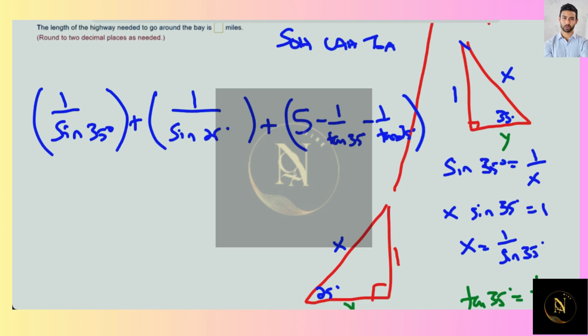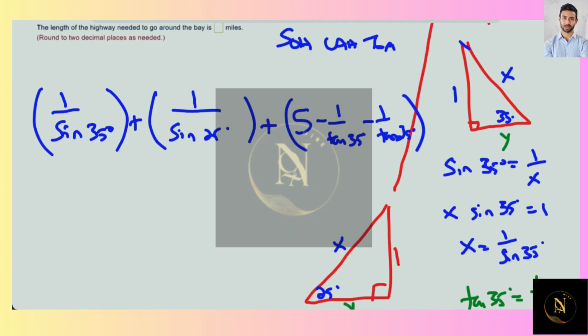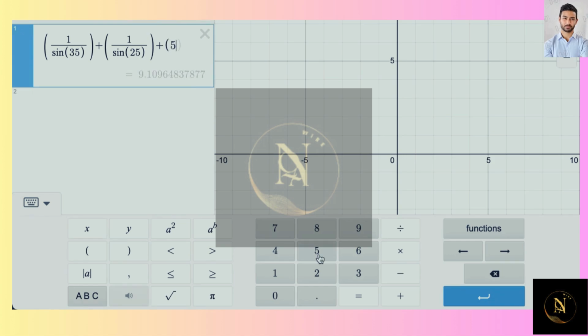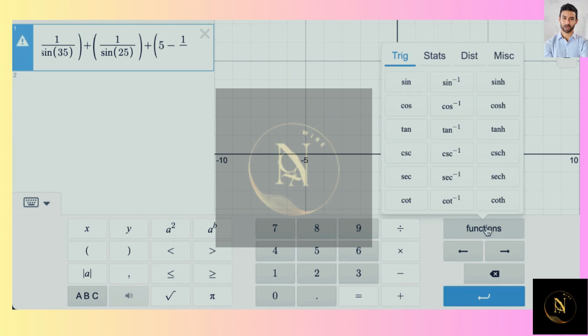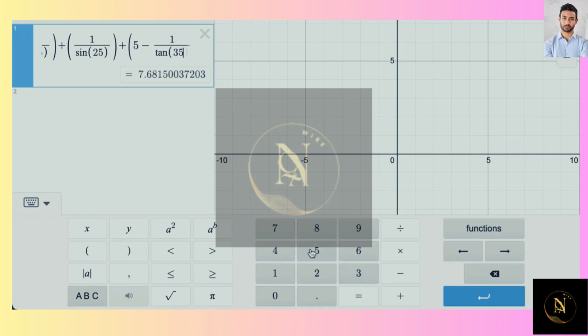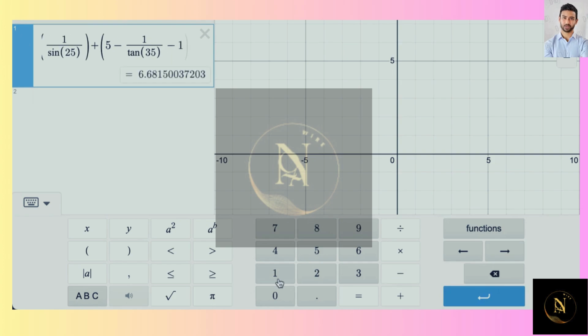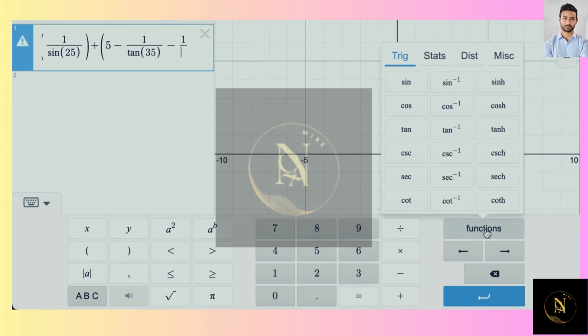Then we're going to add that horizontal piece, which is 5 minus 1 over tangent of 35 minus 1 over the tangent of 25.